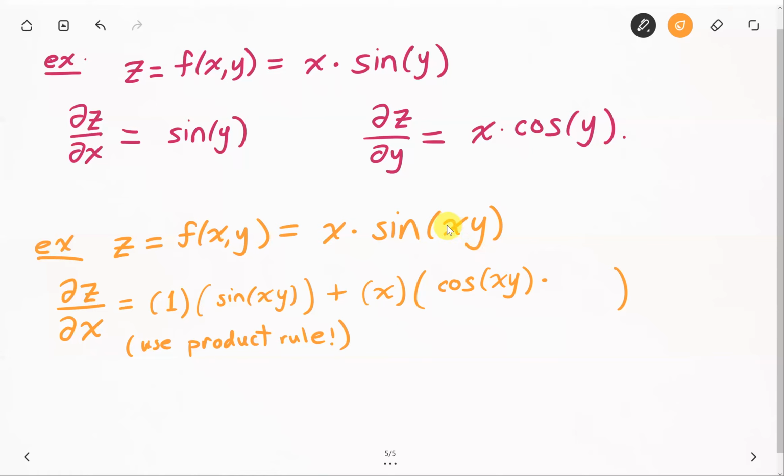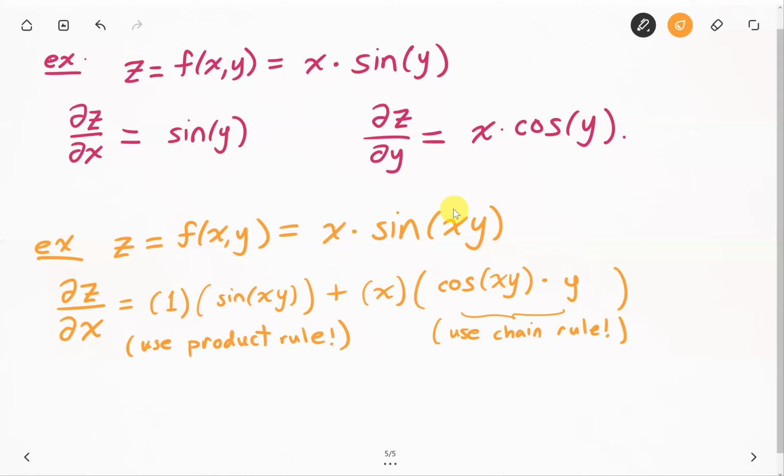And again, y is like a constant. The derivative of x times a constant is just the constant. So we use the chain rule here. All right, so that's dz dx.